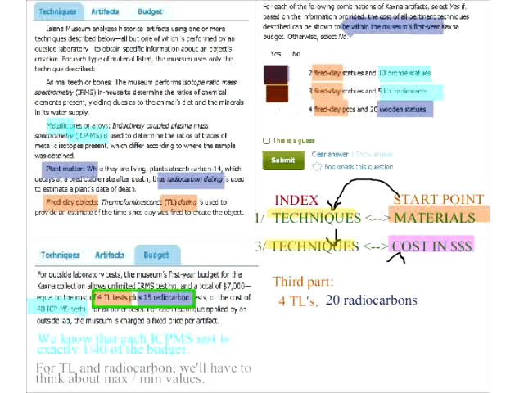Like 4 TLs and 15 radiocarbons is the whole budget. So the whole budget can pay for 4 TLs and 15 radiocarbons. So this is the whole budget plus an excess of 5 more radiocarbons.